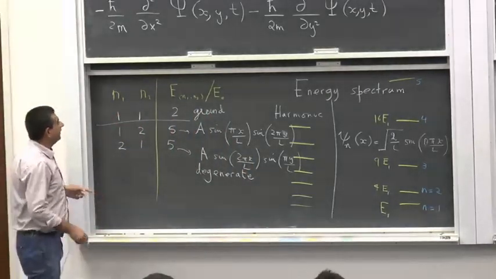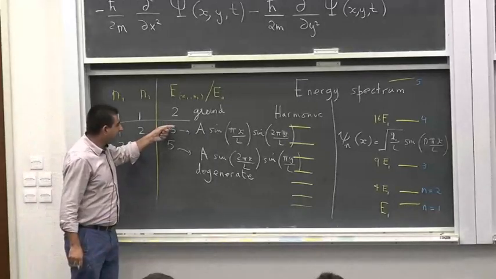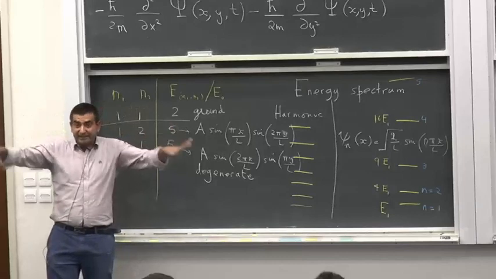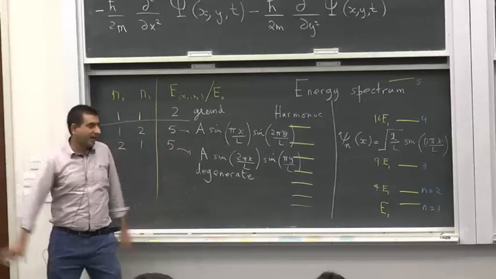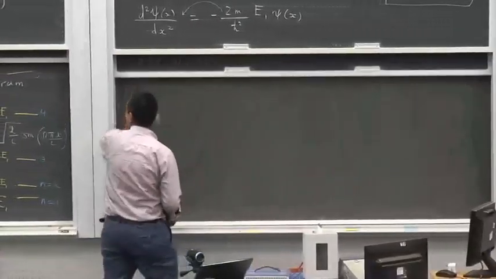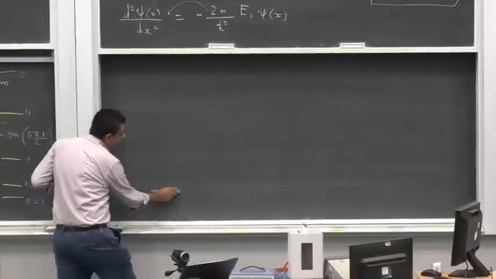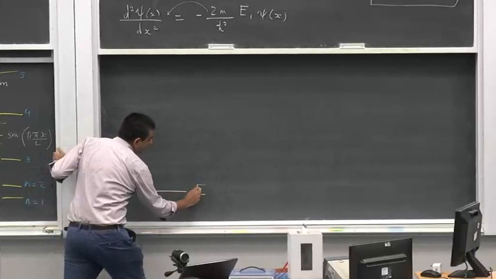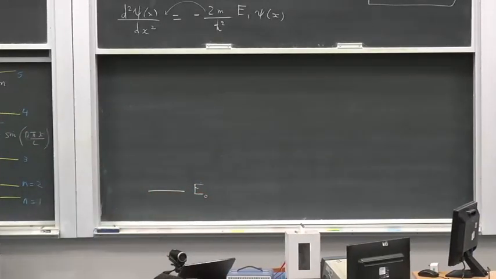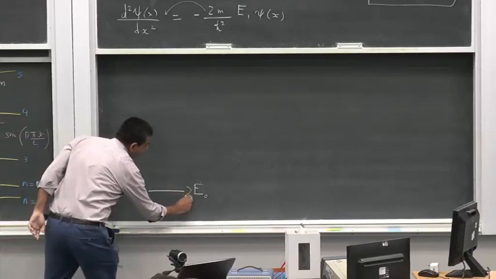Now we have an energy which is twofold degenerate. And if I were to draw the spectrum, I could draw the spectrum in this fashion. I have an energy E naught with a factor of 2. This is my ground state.